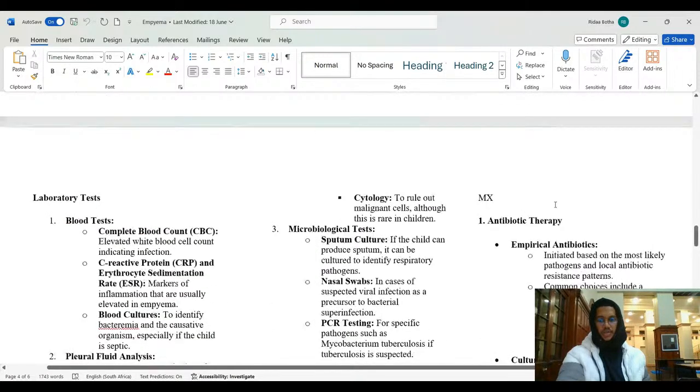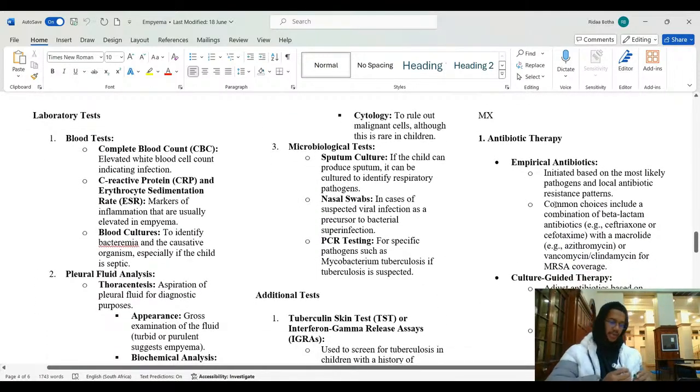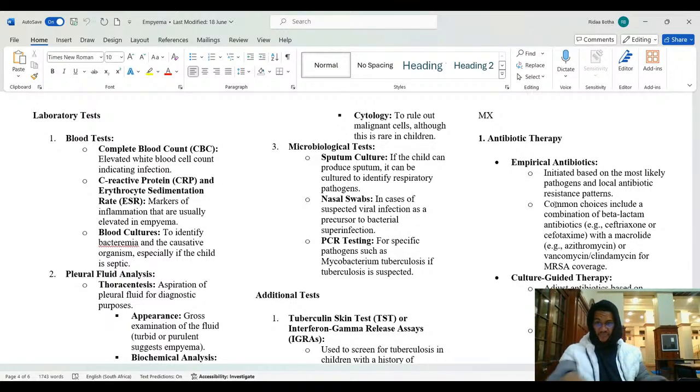Now, in terms of the management, empirical antibiotics are very, very important, especially in the case of infection.